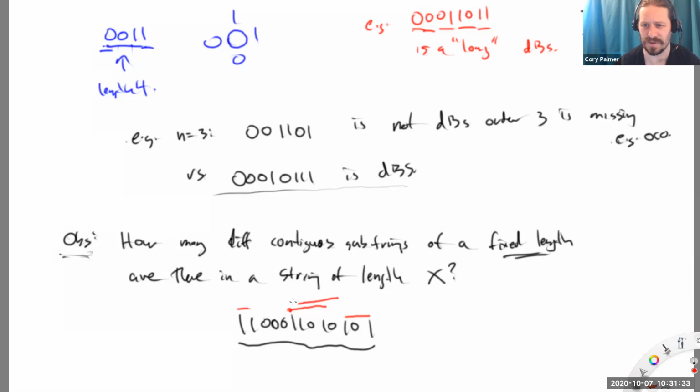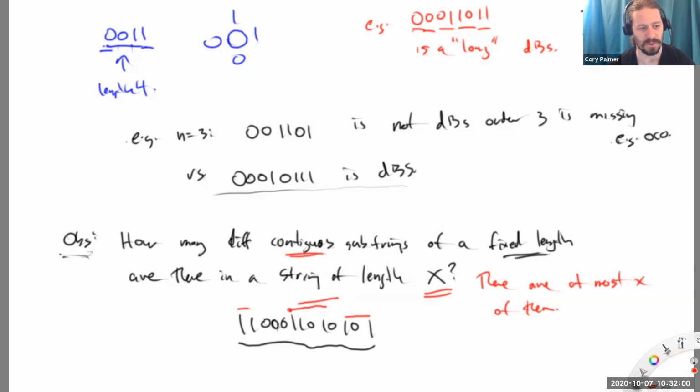It's a little confusing in a cycle, but, or their starting bit. Right? Those produce different ones. And okay, I could get repeats here, but I certainly don't have more than X of them, right? So there are at most X of them. There are at most X substrings of a fixed length, and again, contiguous, right?